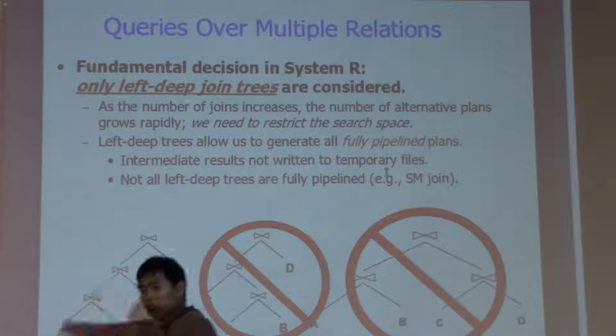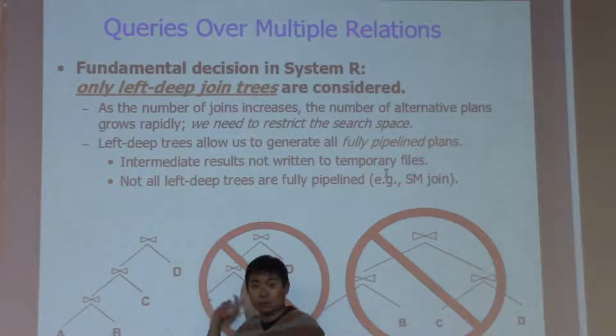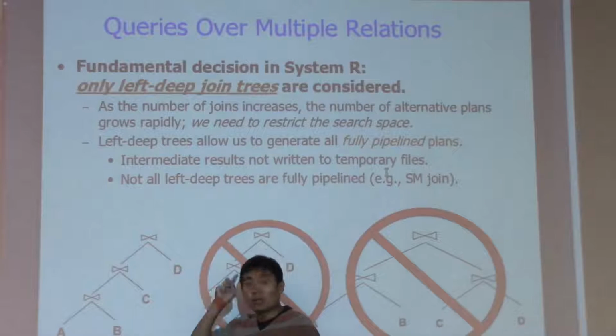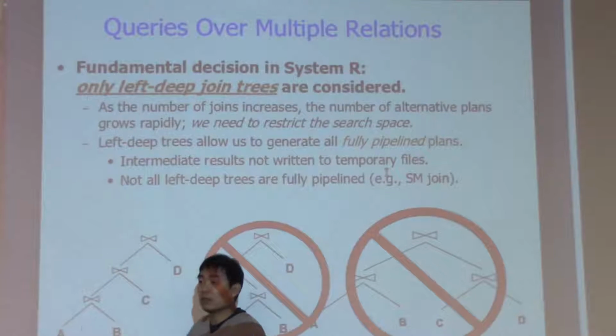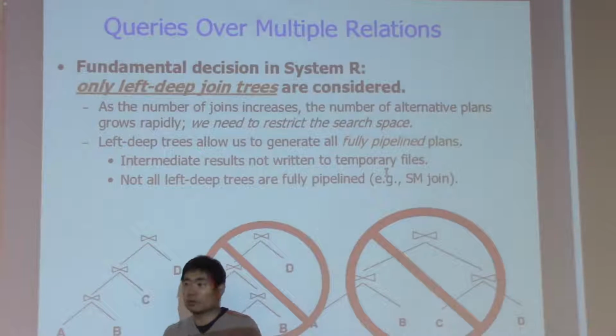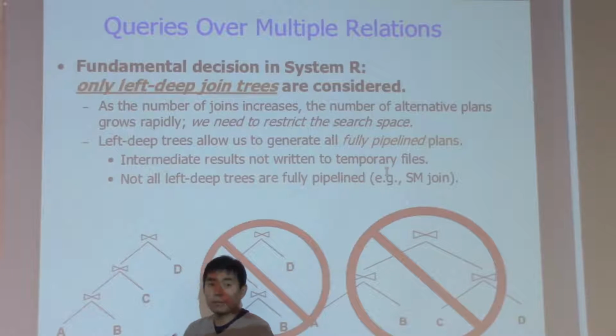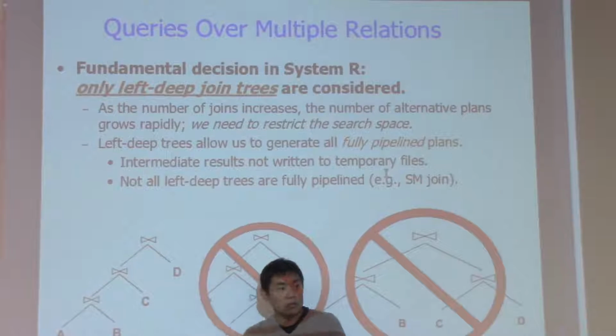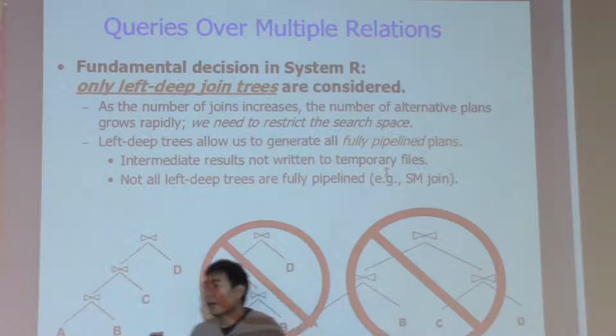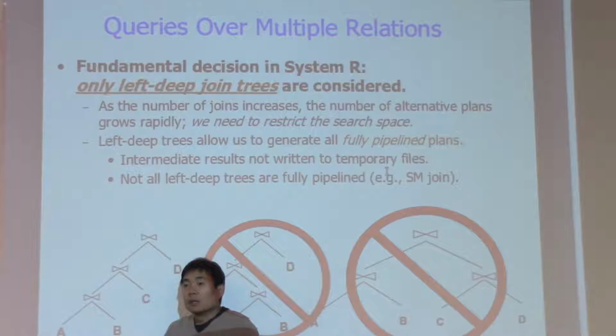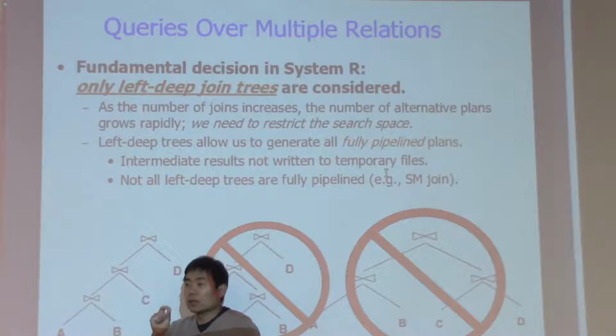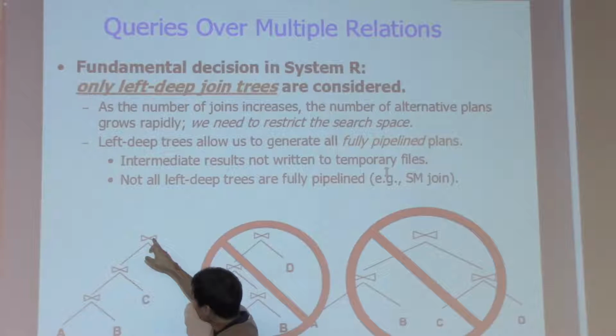The definition is as follows. First of all, it's a tree structure. It must be a tree structure, meaning that there is no cycle, because once you have a cycle, it turns from a tree into a graph. So there is no cycle in the topology. And look at every single node in this tree. In this tree, there are 3 nodes.